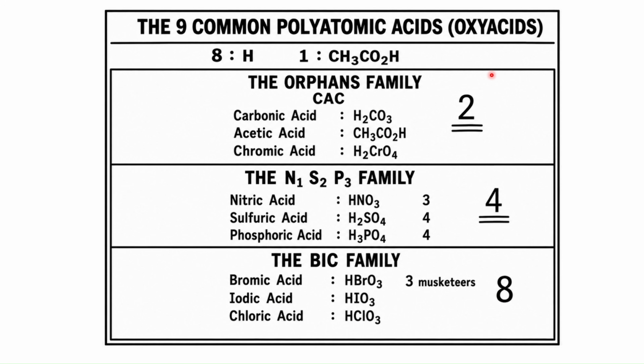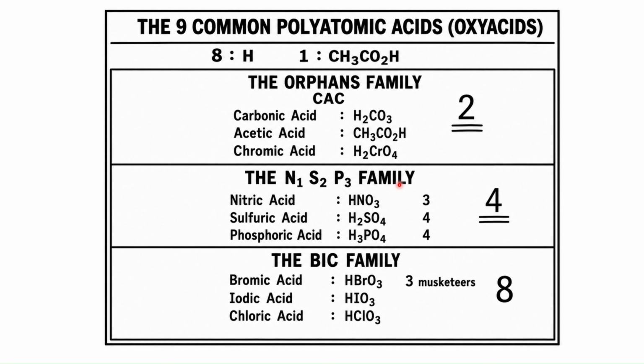The answer relies on the idea that polyatomic acids belong to specific families. For example, the orphans consist of a family of 2 members. The NSP family consists of a family of 4 members, and the big family consists of a family of 8 members. Furthermore, by remembering the appropriate prefixes and suffixes, we can use these families to derive other anions and acids.